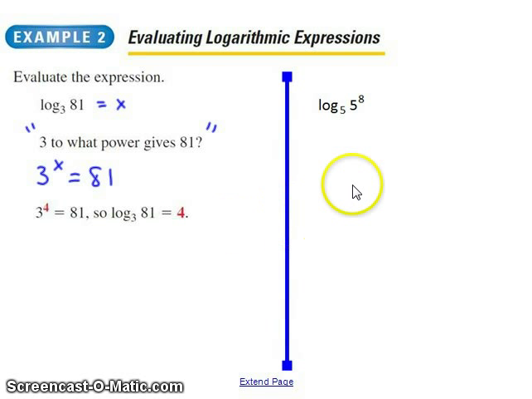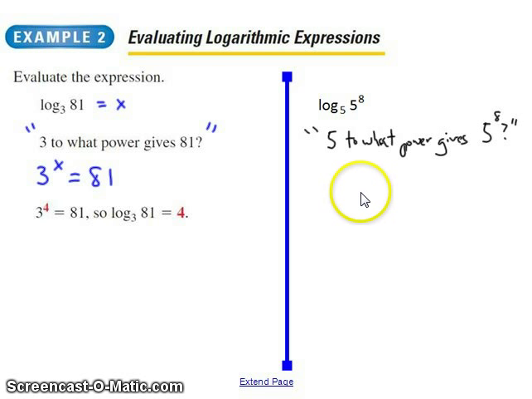Now let's look at a similar situation, but a little bit different. Log base 5 of 5 to the 8th power. Well, again, like on the left, that's going to be equal to x. So you're asking yourself, 5 to what power is going to give you 5 to the 8th? And you might realize in algebra, that's essentially saying 5 to the x is equal to 5 to the 8th.